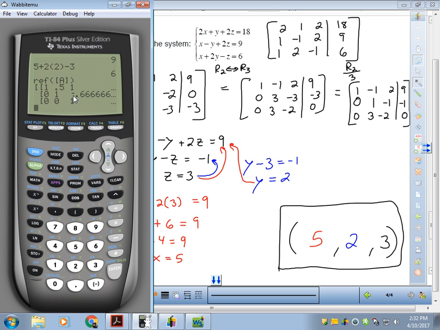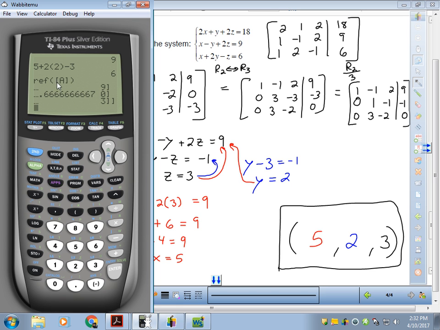And you can see that their numbers are a little nasty because they didn't try to get whole numbers. So they have 1, 1/2, 1, and 9. For the second row, they have 0, 1, negative 2/3, and 0. And for the last row, they have 0, 0, 1, and 3. So again, their last row matches with ours.